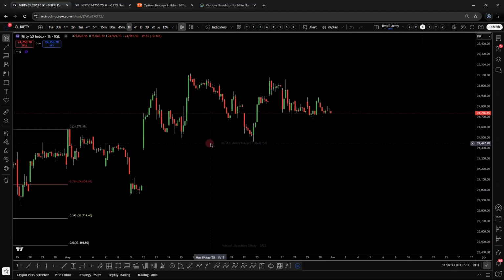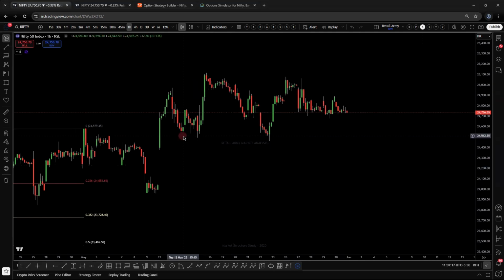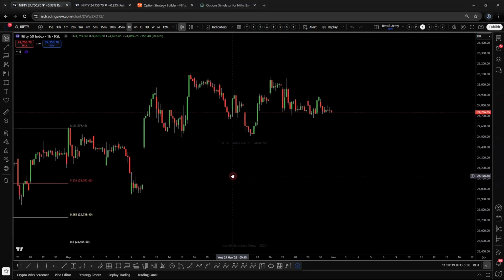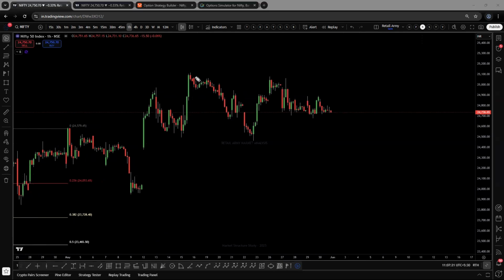We'll understand the overall perspective, and then we will go down to a smaller time frame, the 15-minute chart, and understand exactly what is happening. In the 1 hour chart, you can see that from this high, price is moving in a sideways pattern so far. Now the question is, from here, which direction will it take?